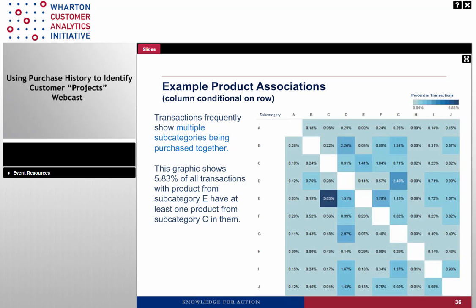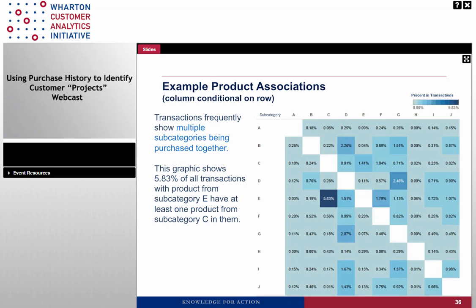So this is comparing baskets or transactions that use, for example, subcategory E. So they had one or more products from category E, and you'll see that about 6% of them had at least one product, one SKU, from category C in them. This is column conditional on row, so you can see the distribution.